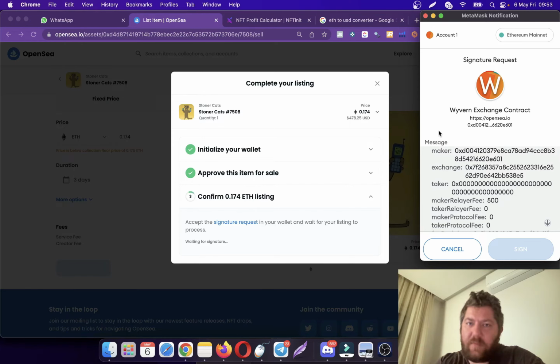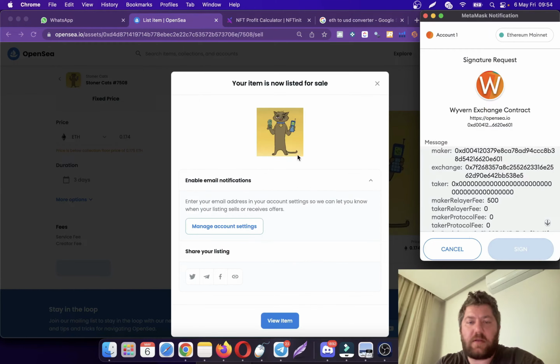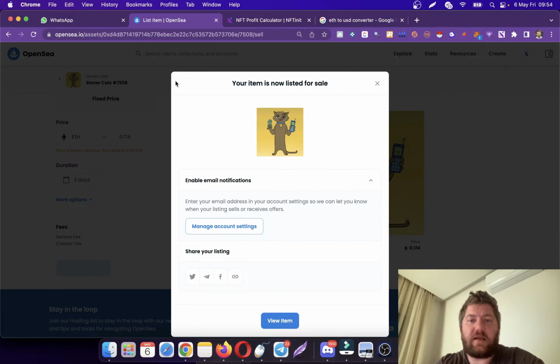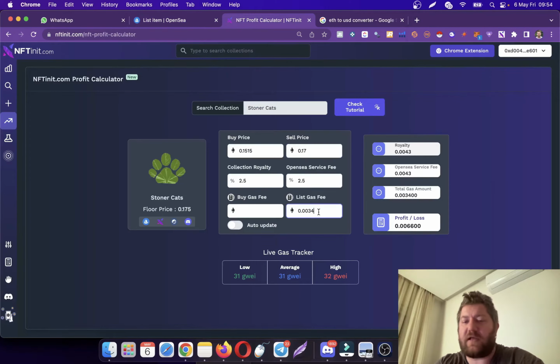It is free. But for the first time, for 99% of the collections, you would have to pay that small fee. So I will show you which fee I'm talking about. Let's just sign this. Yeah, now it is for sale. So this is the fee I'm talking about. You only pay this once per collection.